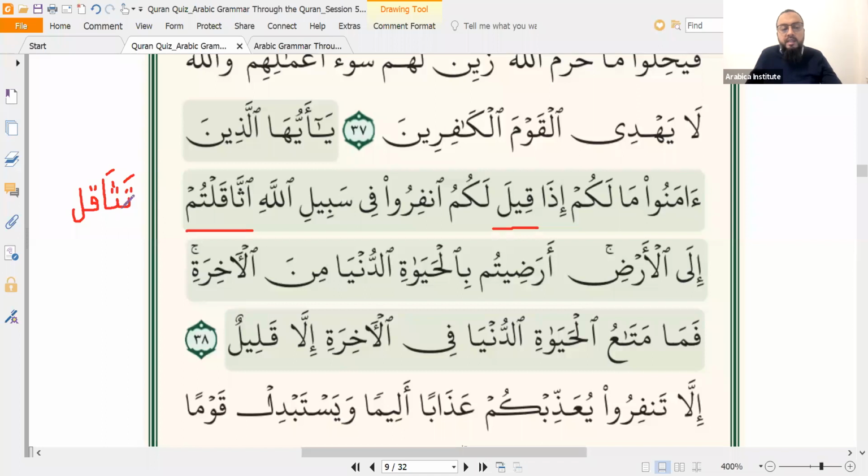So the verbal noun is تثاقل. Sometimes this verb can be rendered as اثاقل. You drop the ta and you add a hamzatul wasl and you double the tha. اثاقل. That's also form 6. It's the same verb, but just a slightly different version of it.